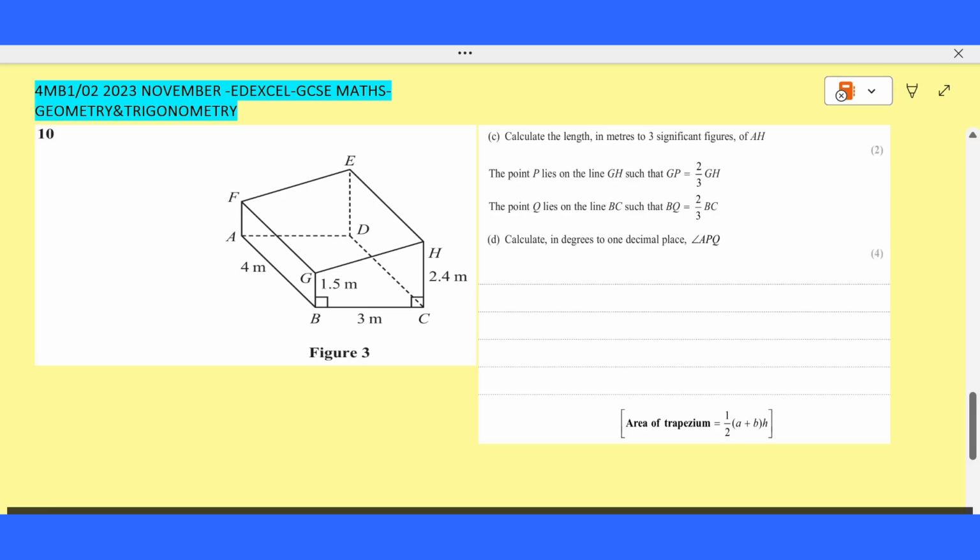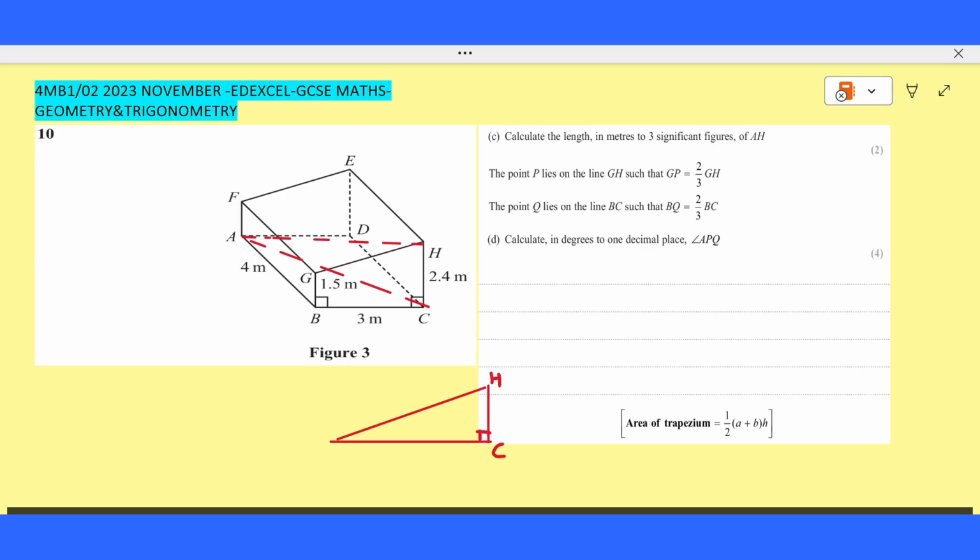Now guys, we have question number 10C. Calculate the length in meters to 3 SF of AH. How do we do this? The point P line is for question D, so let's solve 10C first. AH, so we have to draw diagonal AH, and the diagonal AH is in the triangle AHC.